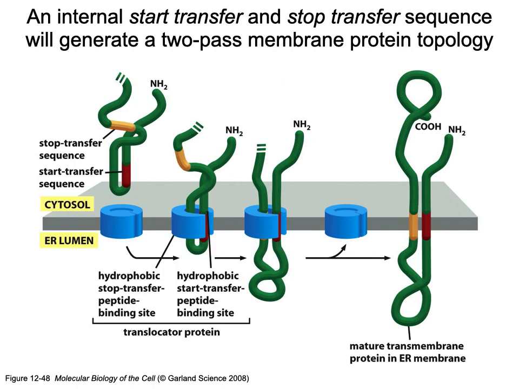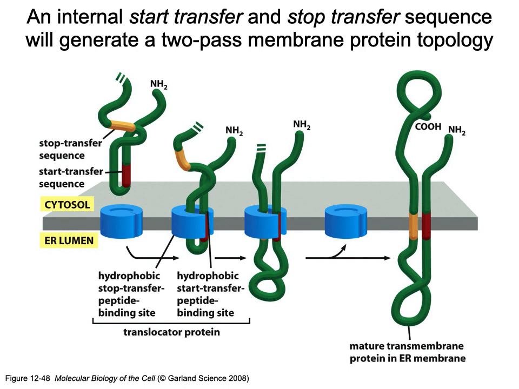Now, if we had a start transfer and a stop transfer sequence, depending upon locations, right, we could end up with a 2-pass transmembrane protein. So the more of these start transfers and stop transfers, the more transmembrane loops we're going to end up having, okay?